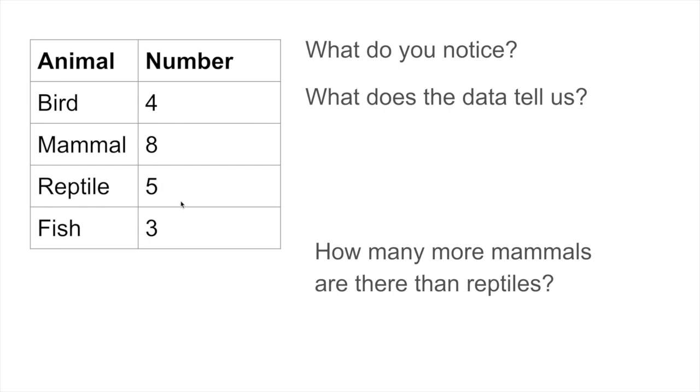In order to do that, we need to look to see how many reptiles and mammals we have. We have 5 reptiles and 8 mammals. So I'll take 5 away from 8. What do I get? I get 3. There are 3 more mammals than reptiles.